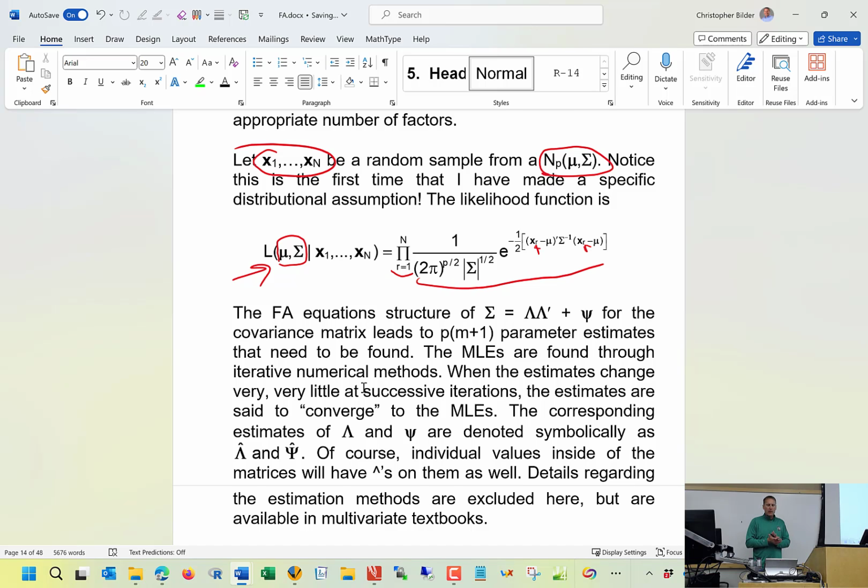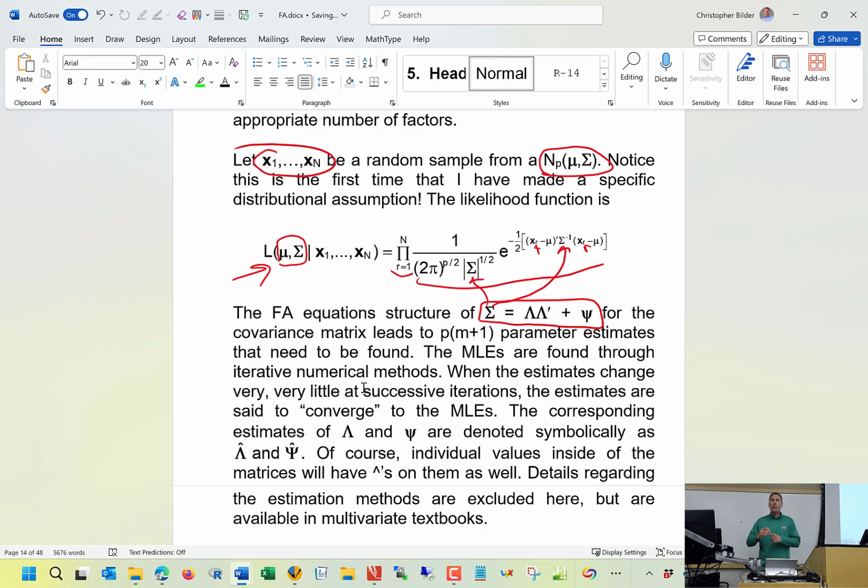Now, from looking at that, you might be thinking, wait a second, how's our factor analysis model represented there? Where are my lambdas? Where are those psis that I want to estimate? Well, they're in there. If we think of the factor analysis equations written in terms of our x's, we have this representation for sigma, our covariance matrix.